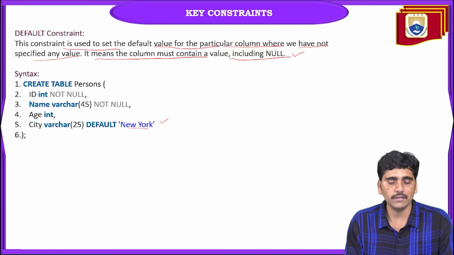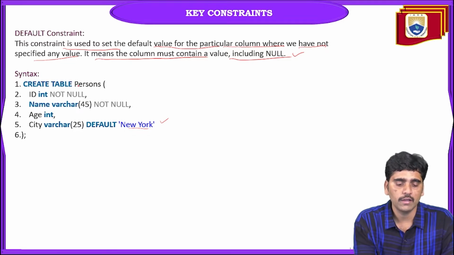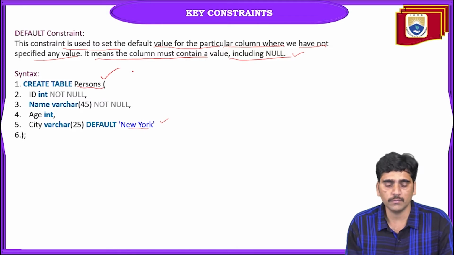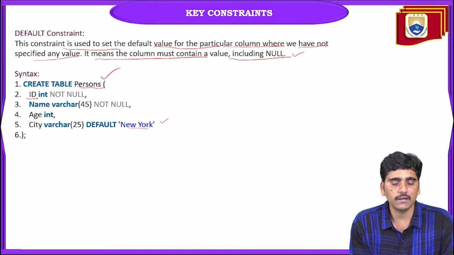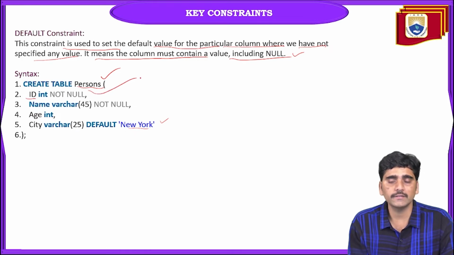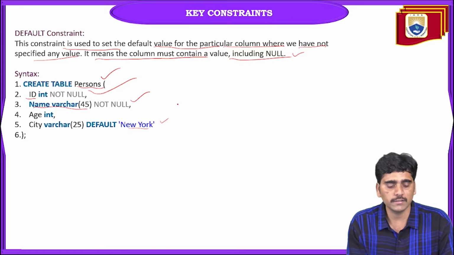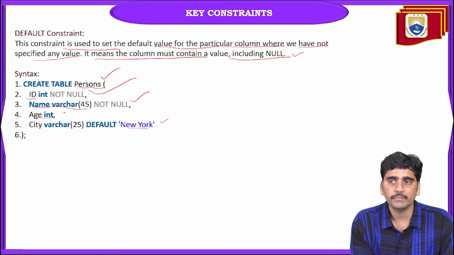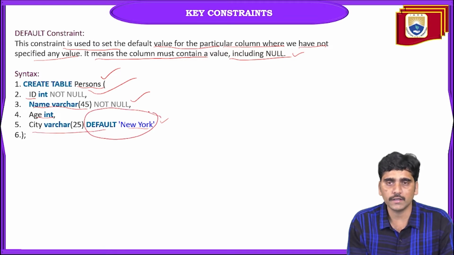So see here, we are assuming that we are going to create a table called persons. In that persons table, the ID is the first column, having a not null constraint, and the name column is having a not null constraint, and the age column doesn't have any constraints, and the last column, city, has a default constraint.